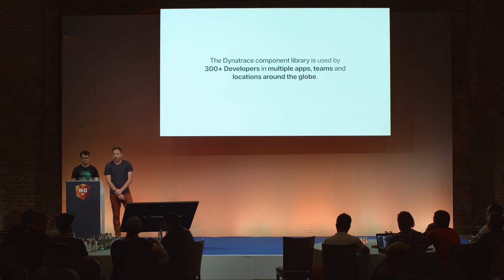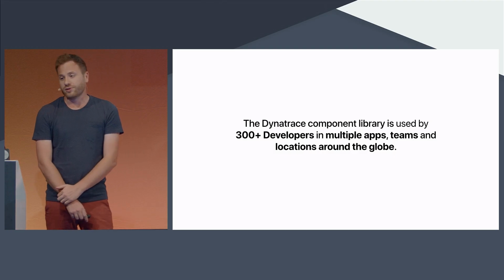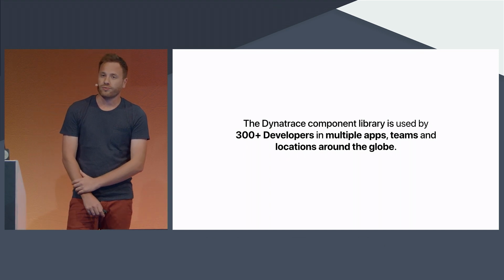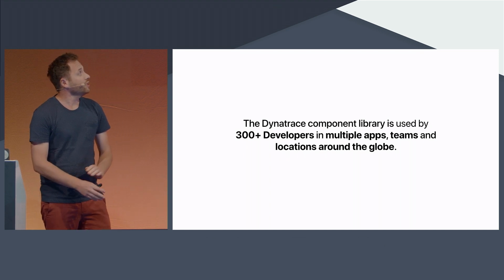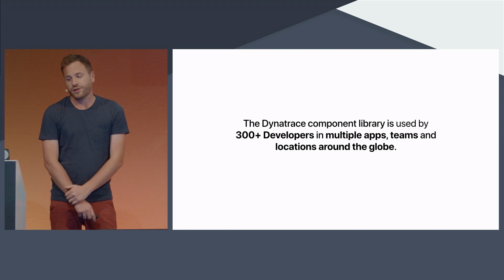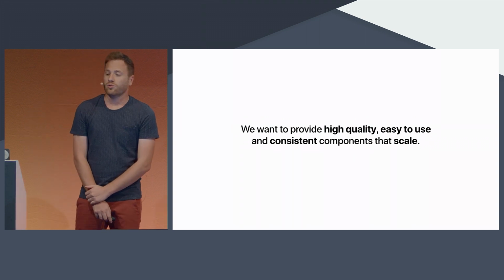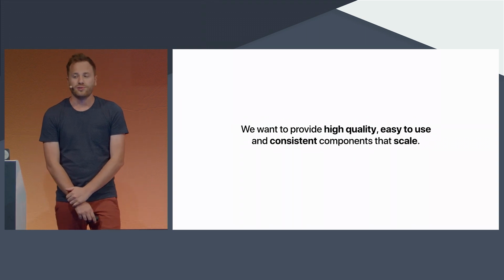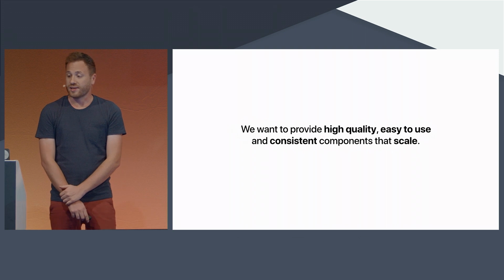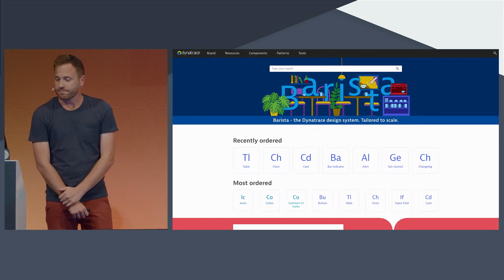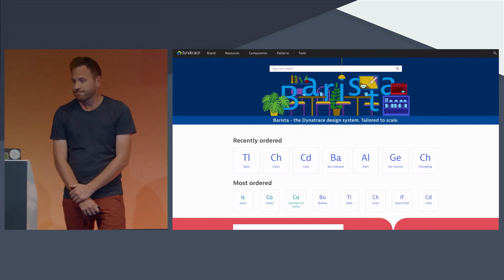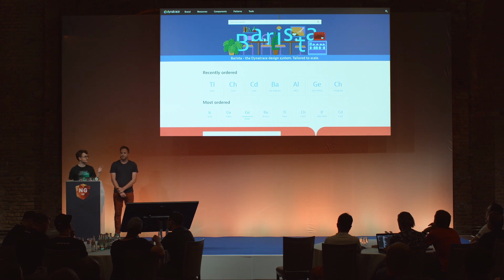The Dynatrace component library is right now used by over 300 developers in multiple teams, building multiple apps around the globe in all our locations. Our goal is to provide high quality and easy to use components that scale. To manage all of this, we have our design system called Barista, because we like coffee.